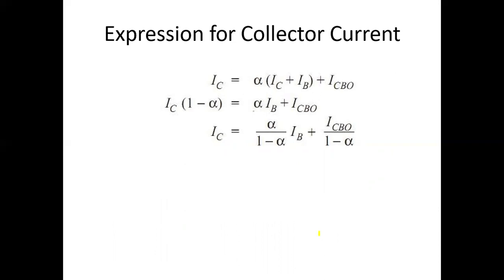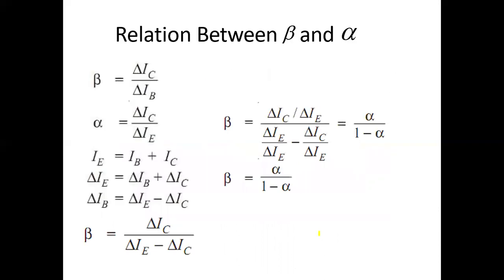That is the equation for collector current, and now the relation between alpha and beta. Here beta is the current gain, beta is equal to IC divided by IB, and we know alpha is IC by IE, and IE is equal to IB plus IC for DC current. For AC current, we have delta IE, that is the change.